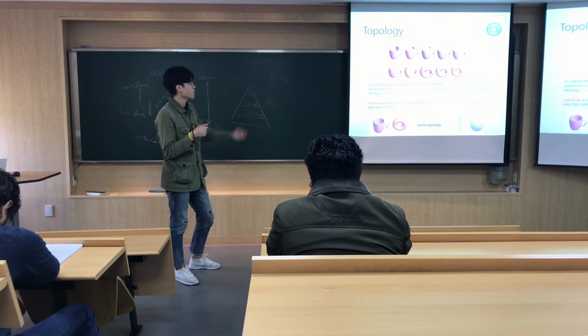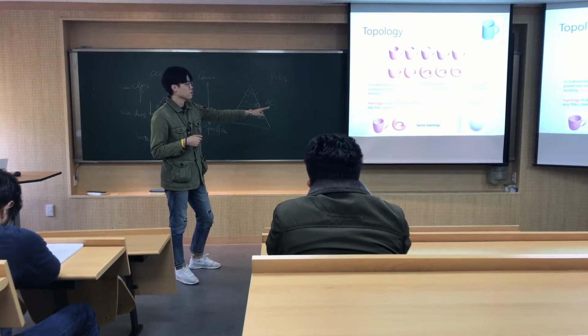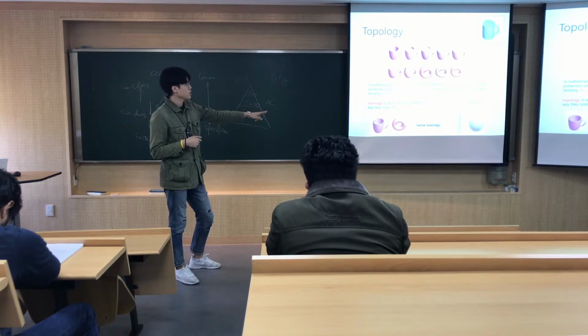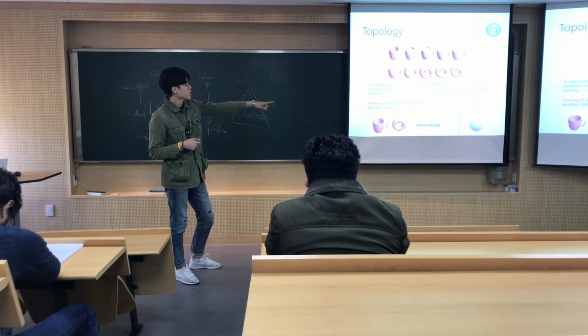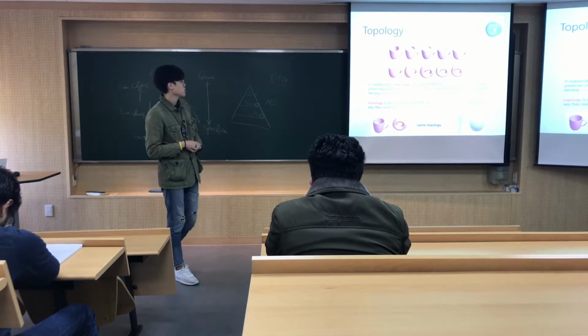Let's say that's clay. Then we say these two have the same topology. And similar with this example, in the right lower side, this cup and this sphere have the same topology.